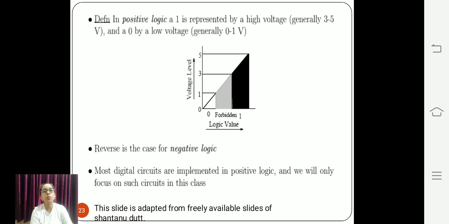Consider 5 volts as the peak value, peak amplitude or peak voltage, that is 1. The minimum value, at the time of off condition, is considered as 0. The reverse is the case for negative logic. Most digital circuits are implemented in positive logic and we will only focus on such circuits in this class.